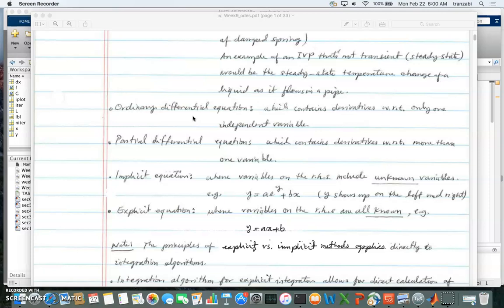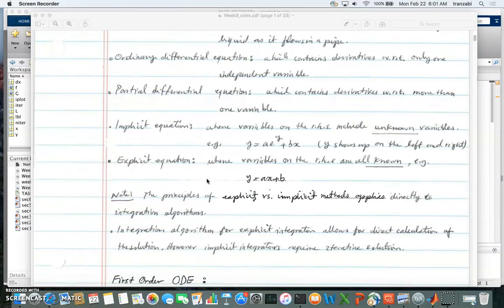So for ordinary differential equations, we only have one independent variable. The partial differential equation, as I said, is when you have more than one independent variable. For instance, if you have a function of x and y, or x, y, and z, then that is partial differential equations.